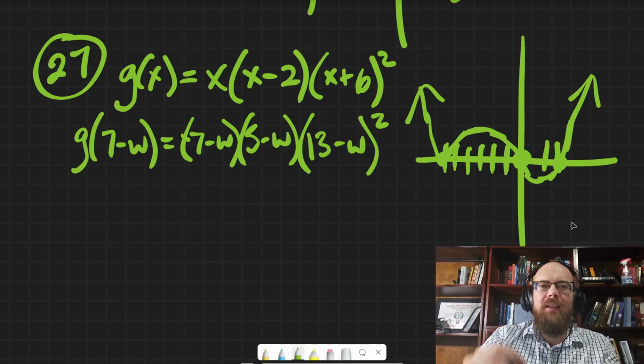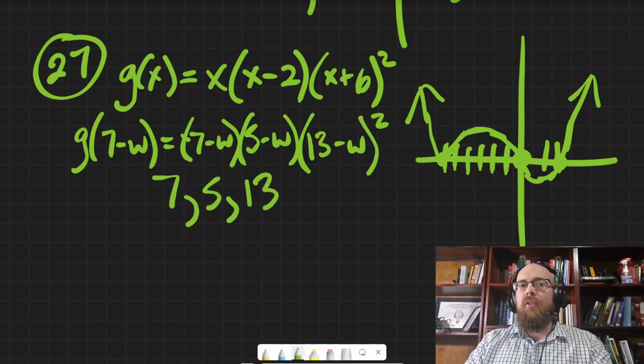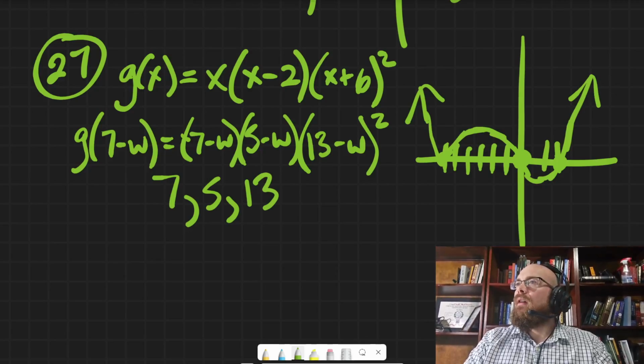Oh, okay, so this is not that bad actually. So now the intercepts would be 7, 5, and 13, where w is a constant. Sum of all possible values of w.